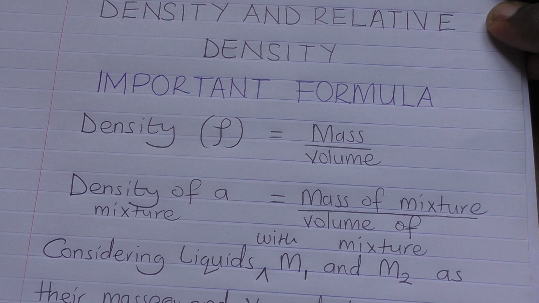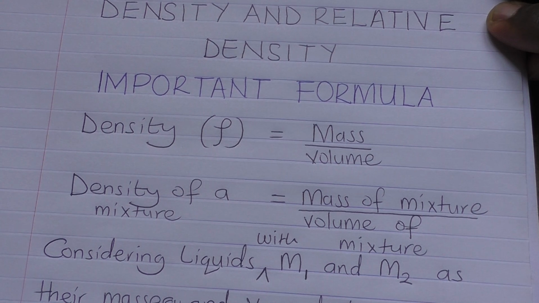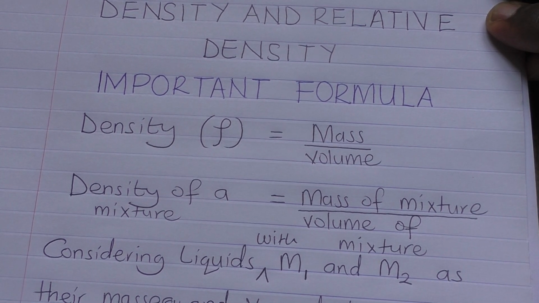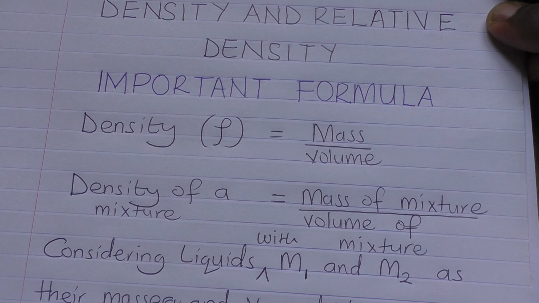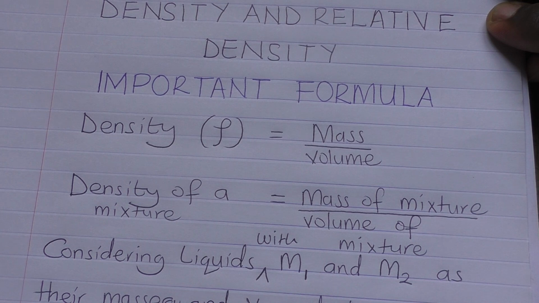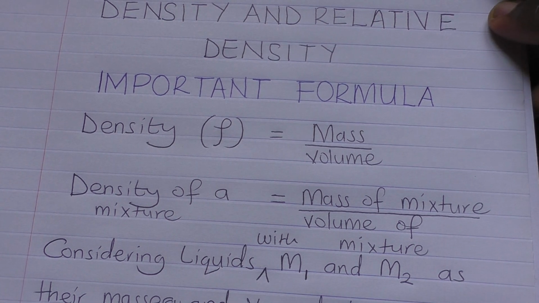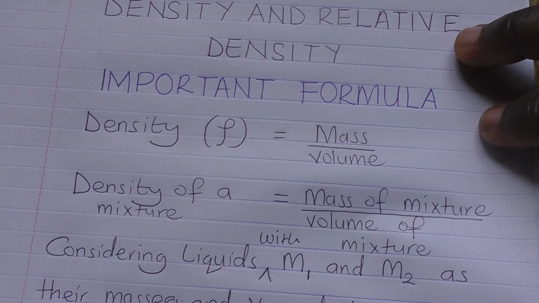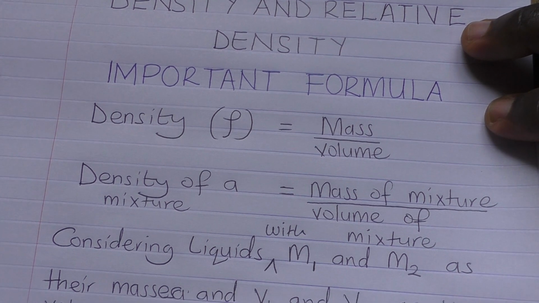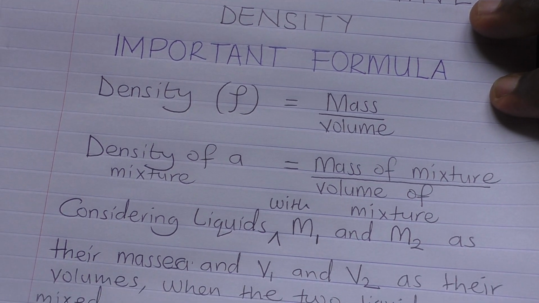That means I'll have to get the mass of water I've used plus the mass of the lemon juice, that is the mass of the mixture, over the volume of the water I've used plus the volume of the lemon juice. That is how we get the density of mixtures. Let us look at more examples.